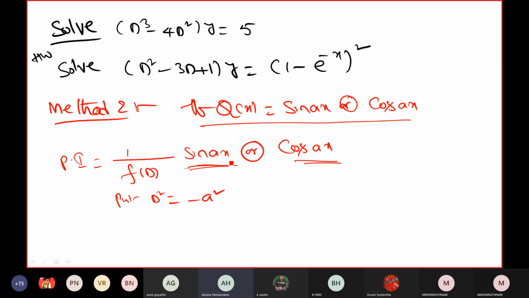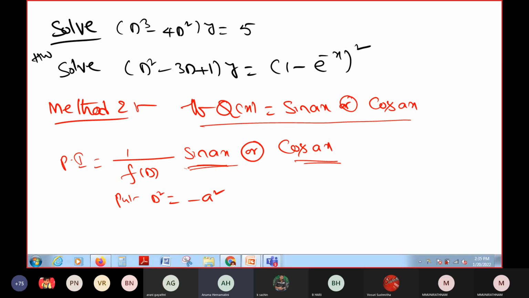Okay, so write down an example for this. Solve d square y by dx square minus dy by dx minus 2y equal to sin 2x.